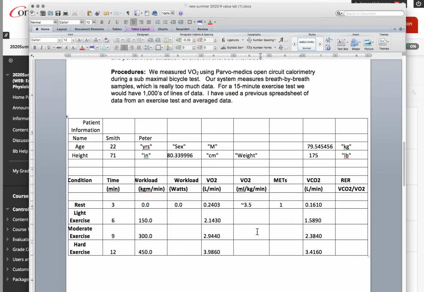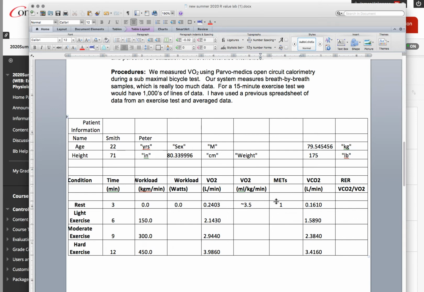So it's how many multiples of a person's resting metabolic rate. And I haven't done the math. I don't know what this person's resting VO2 is, but it should be about 3.5 mils per kg per minute, and that is equal to 1 MET.